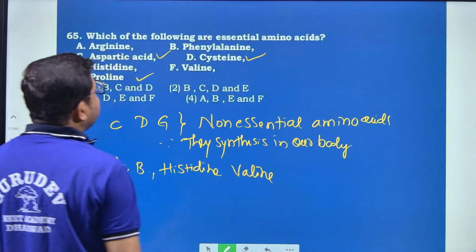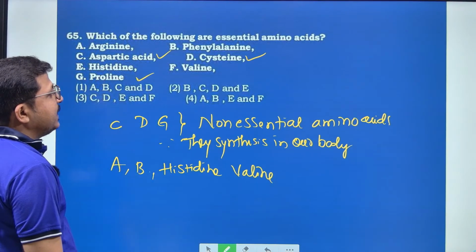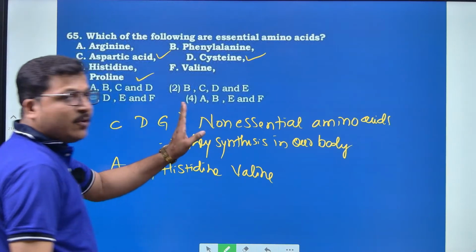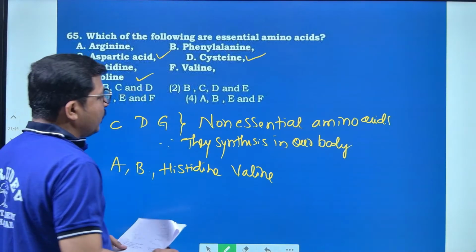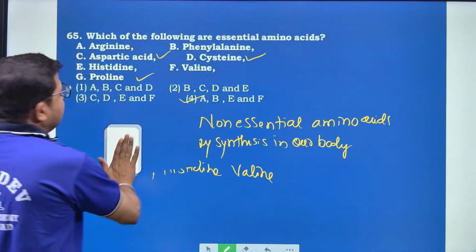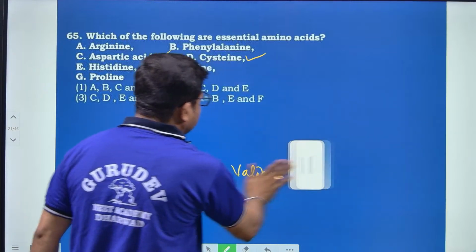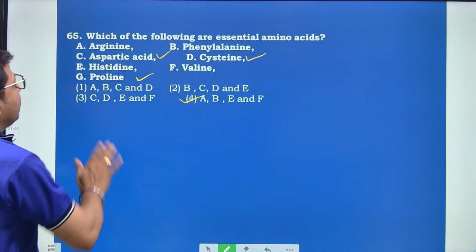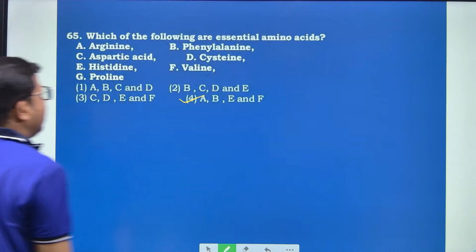So these are the essential amino acids that must be taken in with the help of our food. Hence, option 4 is the right answer for the 65th question, right? So this is about question number 65.